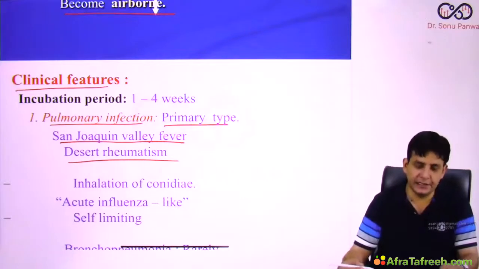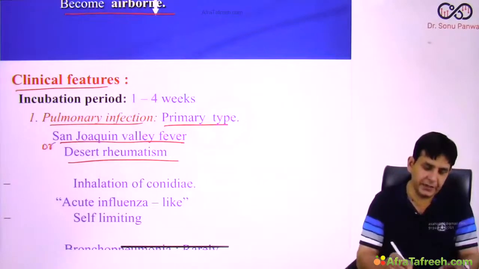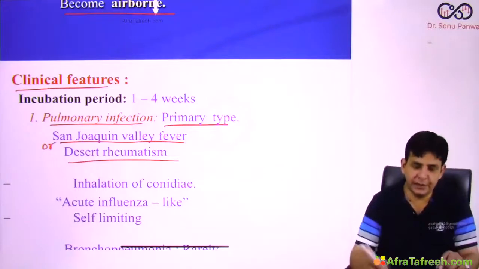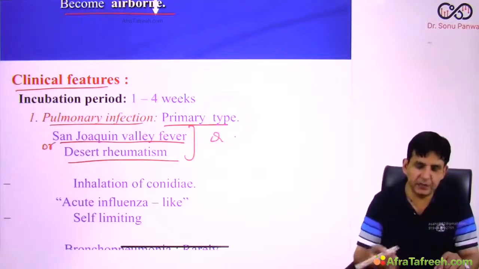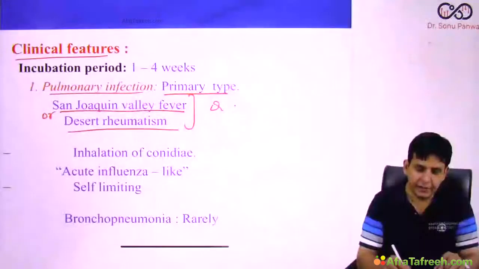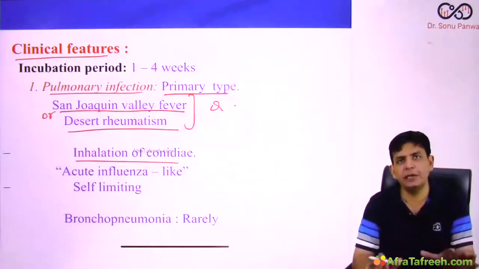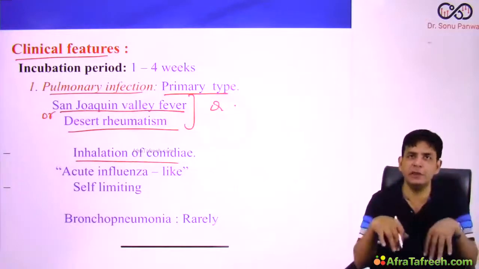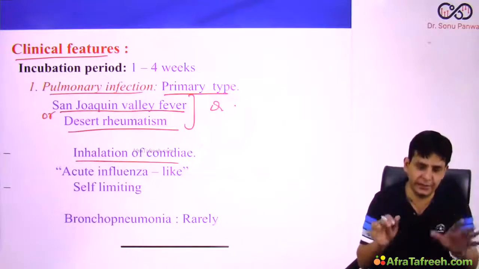and desert rheumatism. That is the pulmonary infection in this. San Joaquin Valley fever or desert rheumatism. That is the pulmonary infection of this one, and both of them are being asked. And how does it happen? Inhalation of conidia. I've already told you before that in all the dimorphic ones, it is the inhalation of the conidia only which leads to these pulmonary infections.